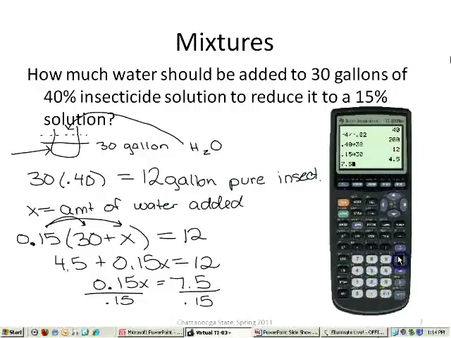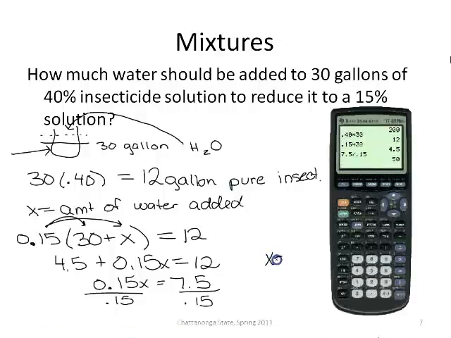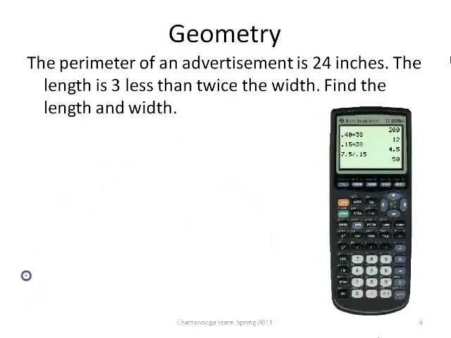So 7.5 divided by 0.15 is 50. So that means I need to add 50 gallons of water, which would give me a total of 80 gallons. And then it would only be a 15% insecticide solution.